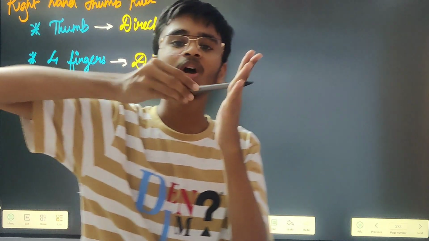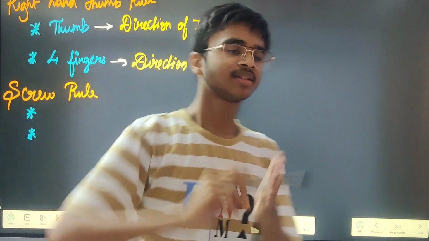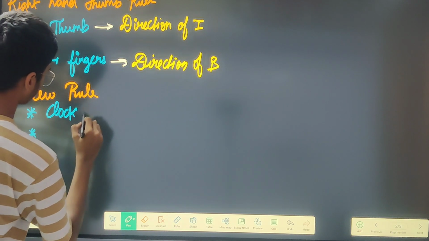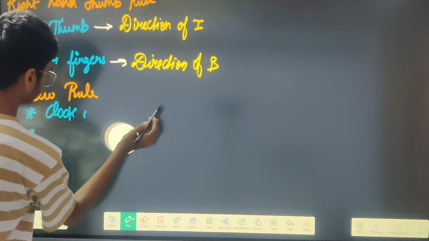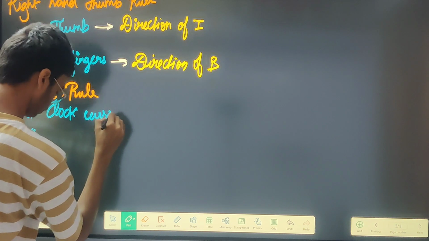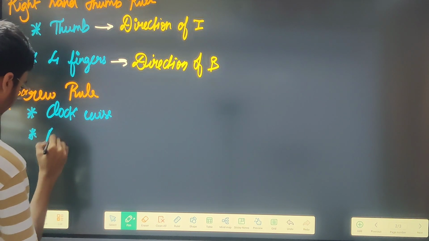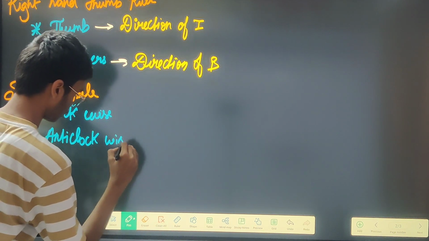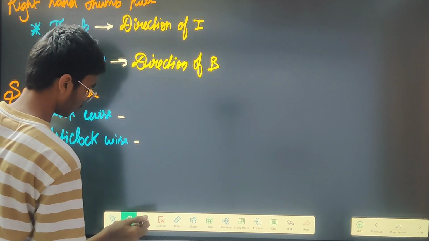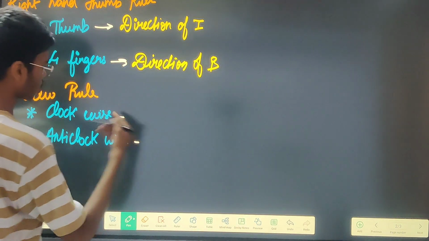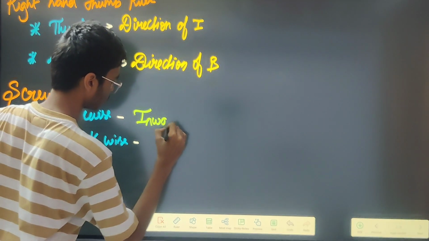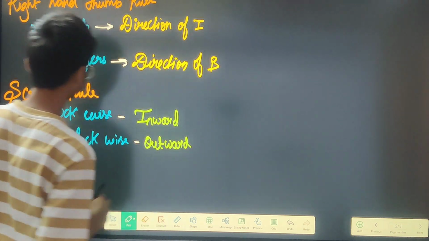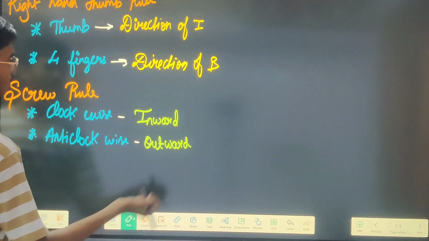So that means anti-clockwise is outside, clockwise is inside. Clockwise means inward, anti-clockwise means outward.